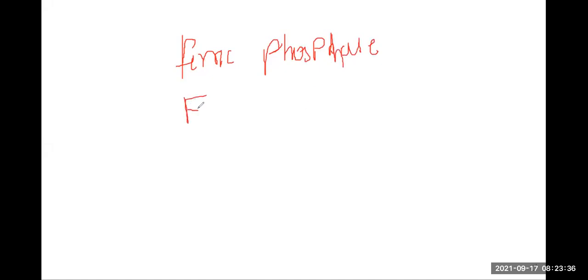Okay, good students. So now here we have to take the next, that is ferric phosphate. Write the words ferric phosphate as they are and then start. For ferric, for your kind information, the symbol is Fe.